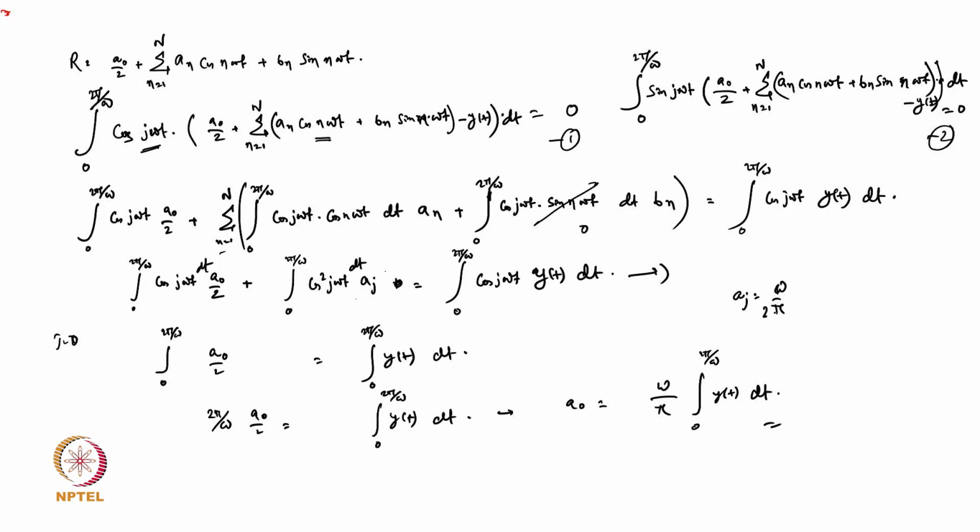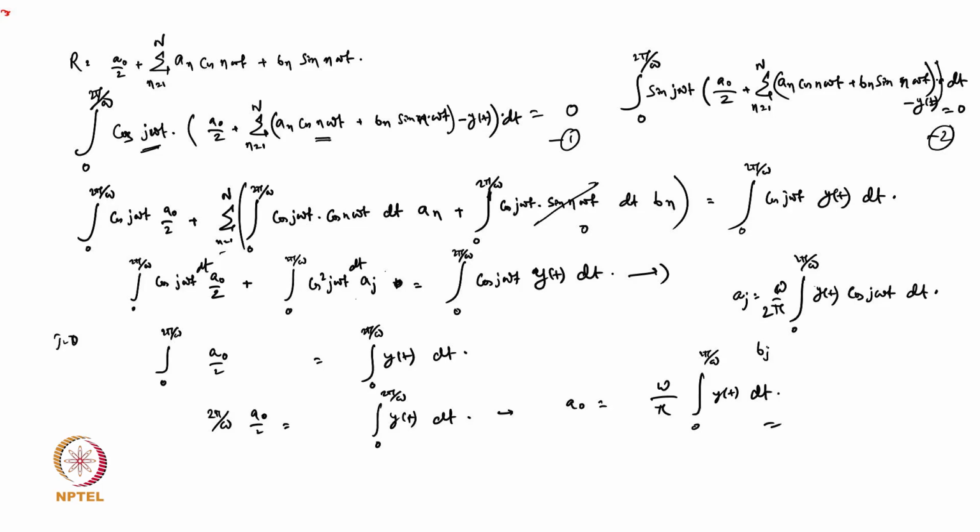So here you will get omega by 2 pi, integral 0 to 2 pi by omega, y of t into cos j omega t dt. That will be your aj.